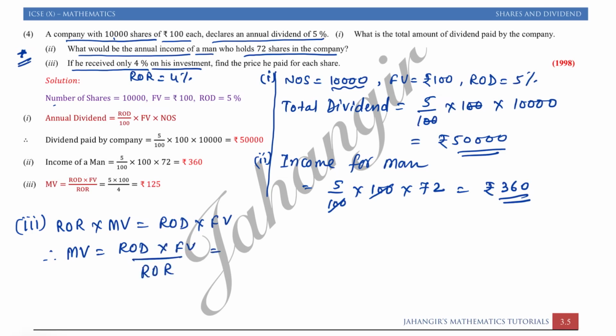ROD, the rate of dividend, is 5, face value is 100, upon rate of return 4%. So 4 ones are 4, 25s are 25, into 5, rupees 125. The man buys a share at rupees 125 each.